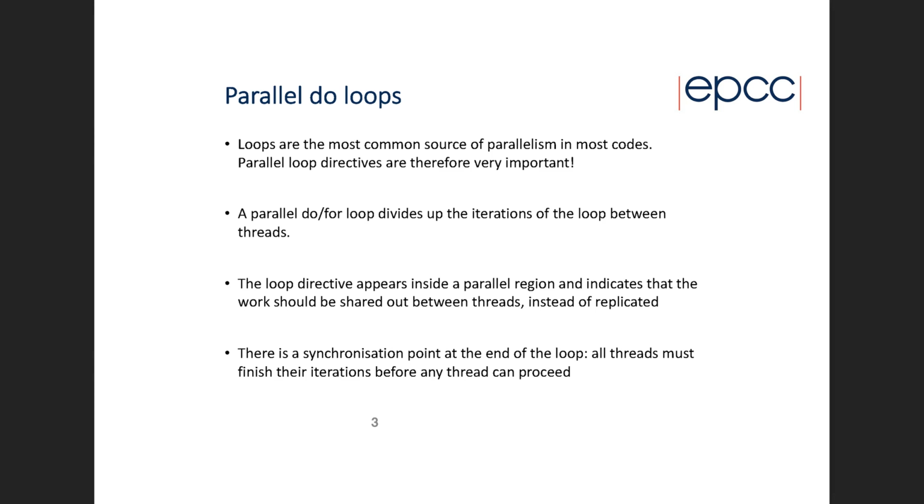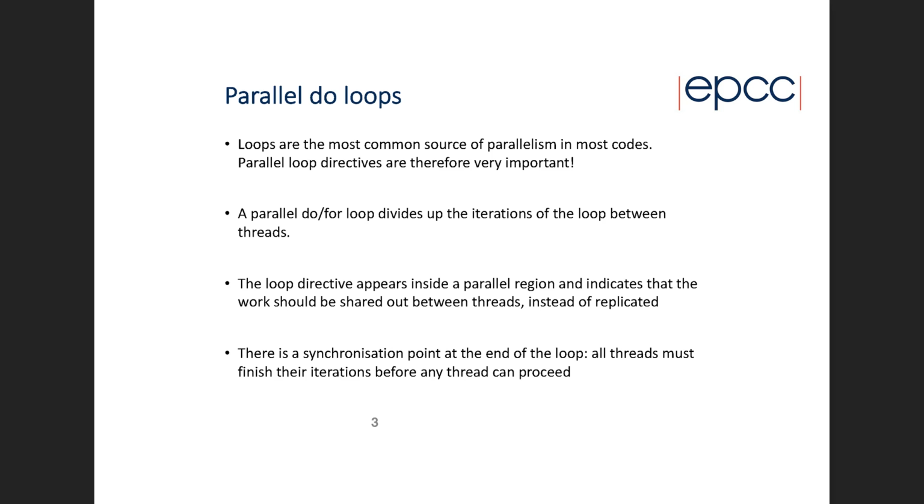There is also a synchronization point. It's actually one of these barrier synchronizations at the end of the loop. So all threads must finish their iterations before any thread can proceed and execute any other code inside the parallel region. That's the default behavior. There is a way to get rid of that implicit barrier, which we'll talk about later on in the course.